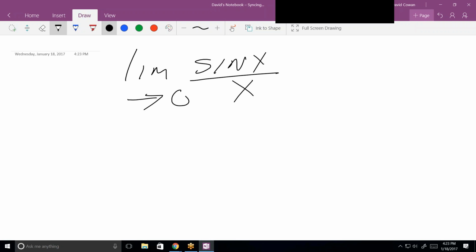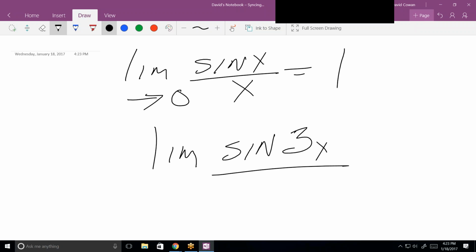That is 1. Okay? So now let's look at a slightly easier one. What if I had sine of 3x over x as x goes to 0?